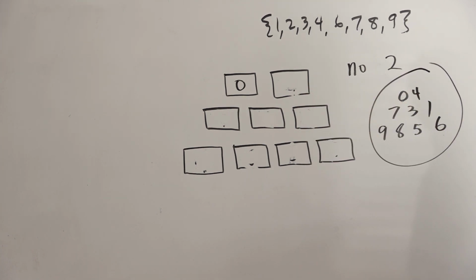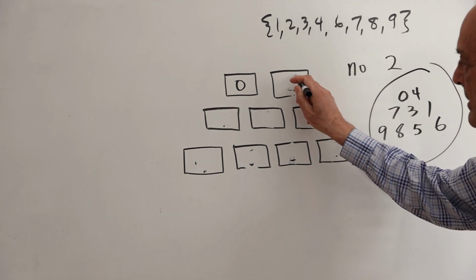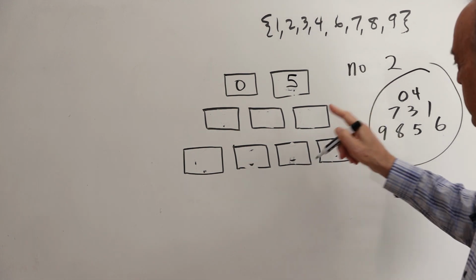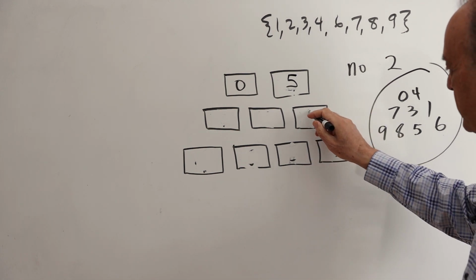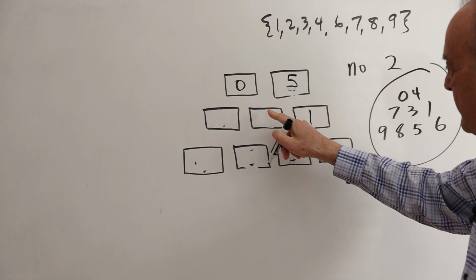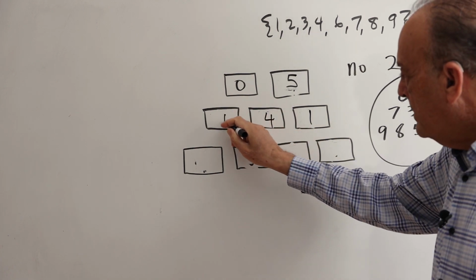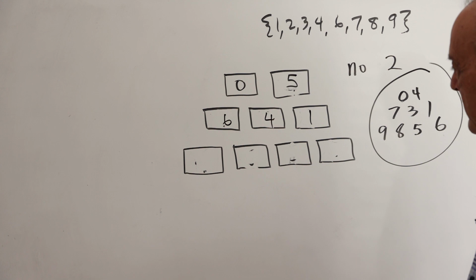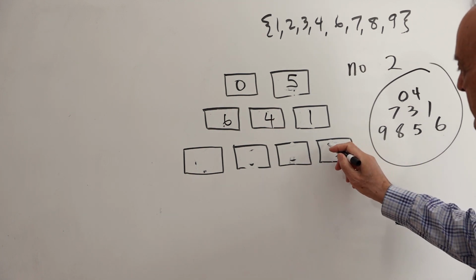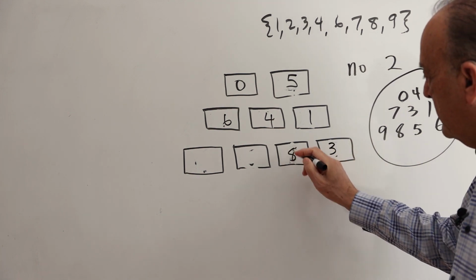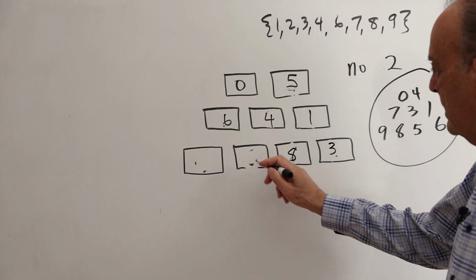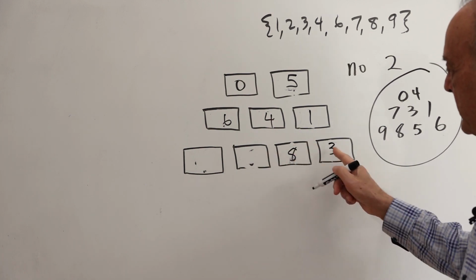So now let's try putting 5 in the spot. So if this is 5, we already know what this is. Yeah, this is going to always be 1. So we could try 4 here, and 6 here. And then we could try 3 here, 8 here, and then we would need another 6. So 3 doesn't work.